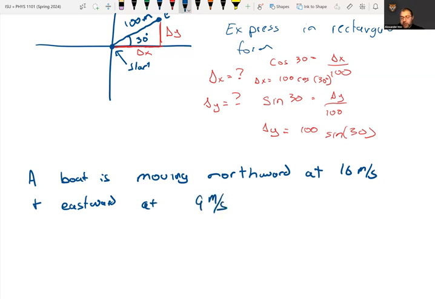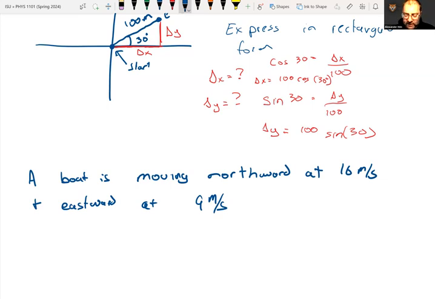So the idea here is that it's moving north and east at the same time. It's moving in some northeast direction. We don't know what direction, but we do know that its northward progression rate is 16 meters per second, and that its eastward progression rate is 9 meters per second.